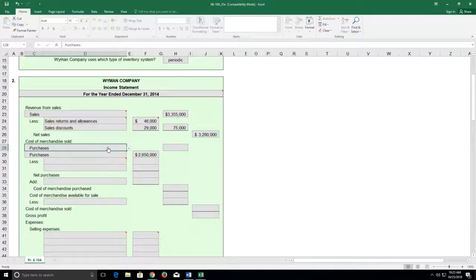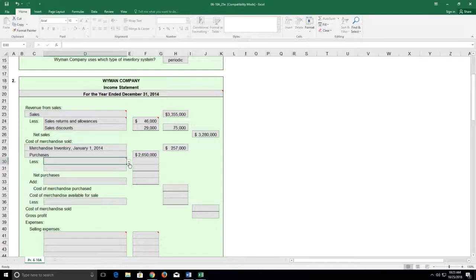Yep, January 1st. That's our beginning. So they're making us do beginning plus what we bought, subtract the ending to find out what our balance is, and this is exactly how it would be done on the books.